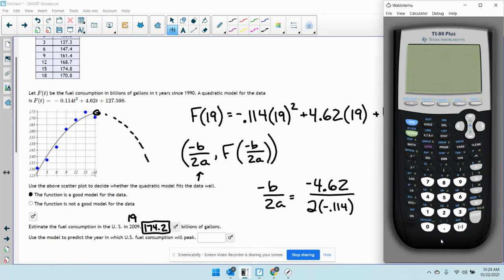So we go with that. Negative 4.62 divided by, I'm going to use parentheses, 2 times negative 0.114. Like so. And I get 20.26.